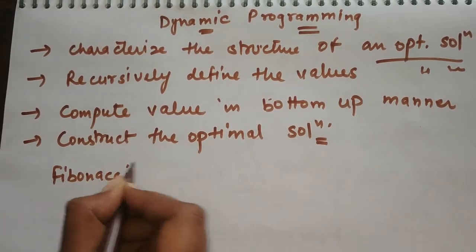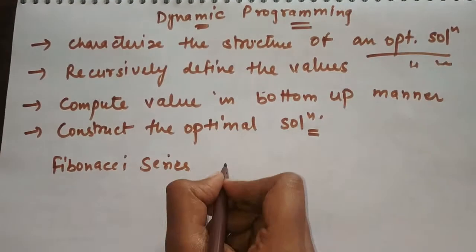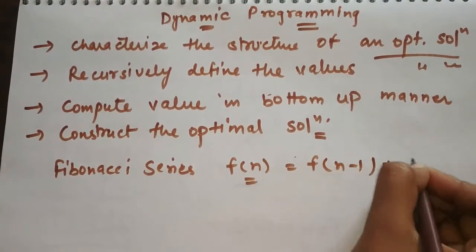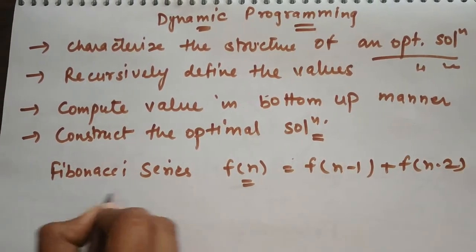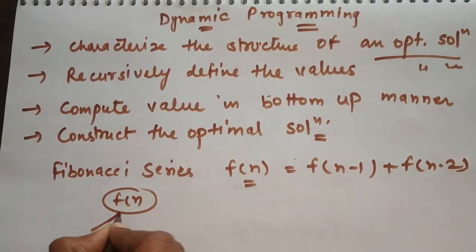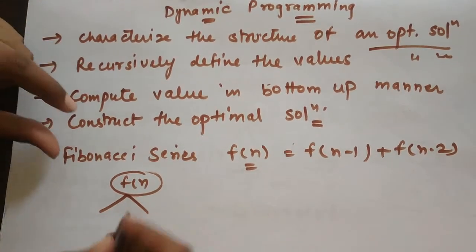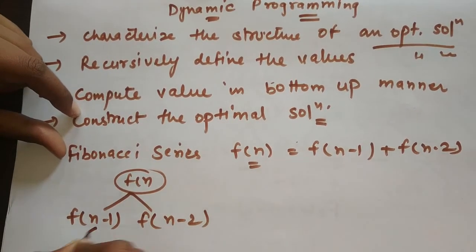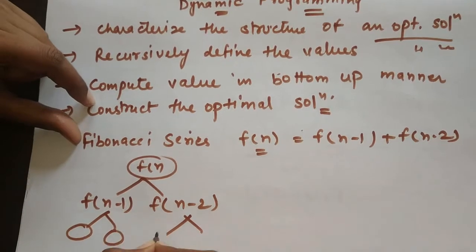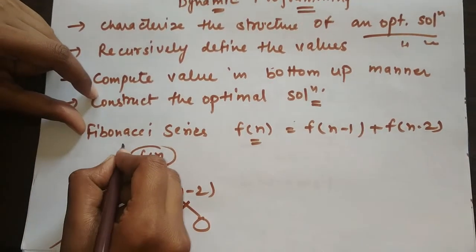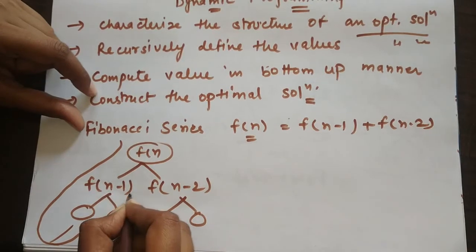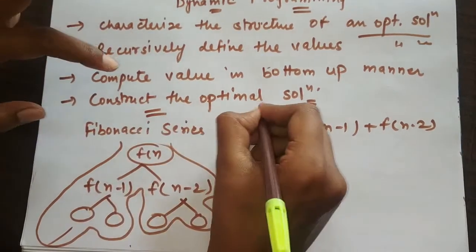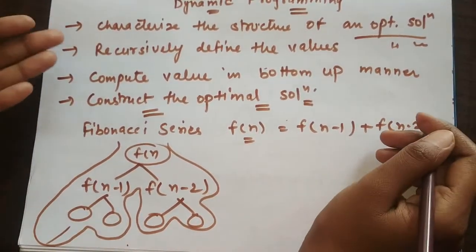As we have seen in the Fibonacci series, firstly we have to see what the Fibonacci series is, and then we look for the recursive equation, that is f of n equals f of n minus 1 plus f of n minus 2. Then we compute f of n in the bottom up manner, like f of n minus 1, f of n minus 2, and so on.